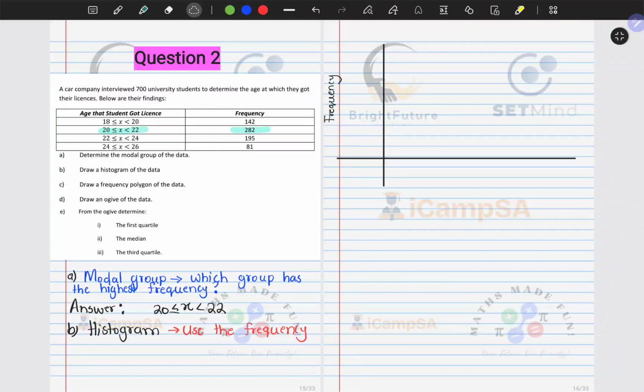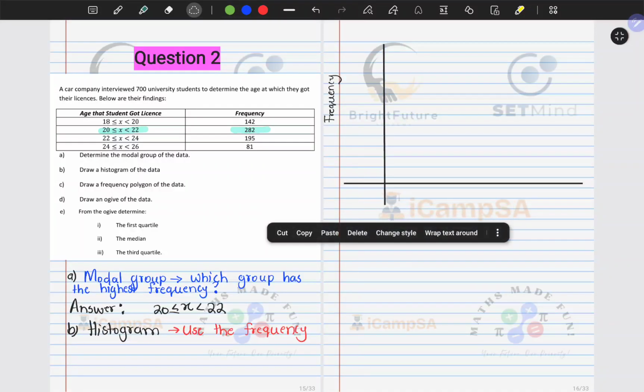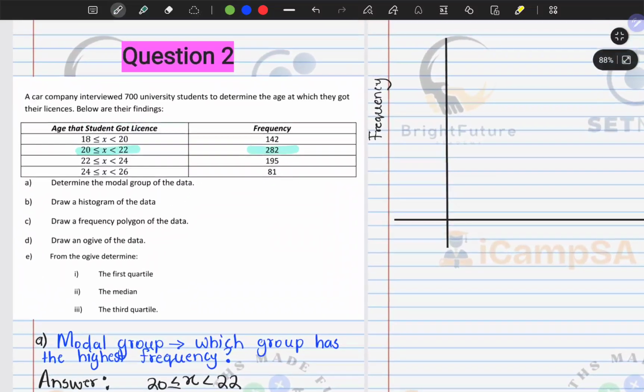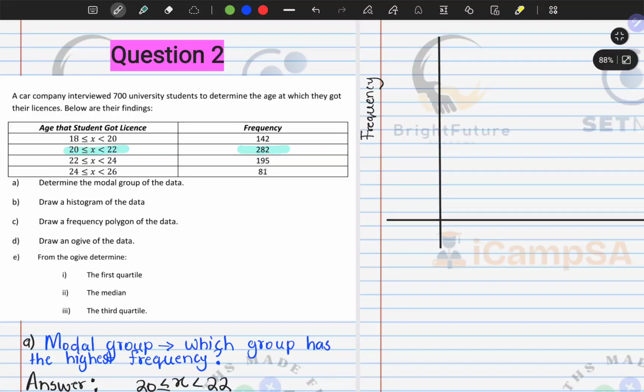Okay. And then let's go ahead and sort out something here, which is the actual plotting. So you will see that what we have is 81, and then we have 195, and then we have 280 something, then 142. So what I'm going to do is I'm just going to use a scale.